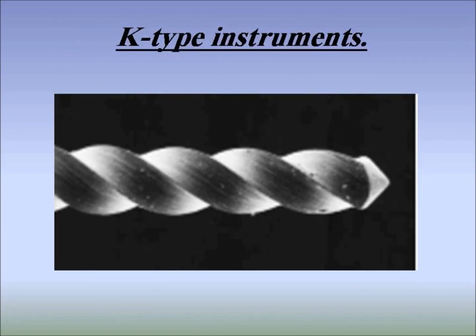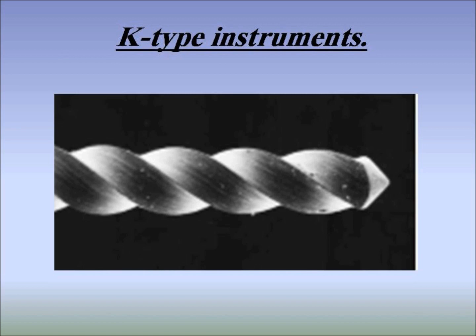The K-file and K-reamer are the oldest useful instruments for cutting and machining dentine. They are made from stainless steel wire that is ground to a tapered square or triangular cross section, and then twisted to create either a file or a reamer.